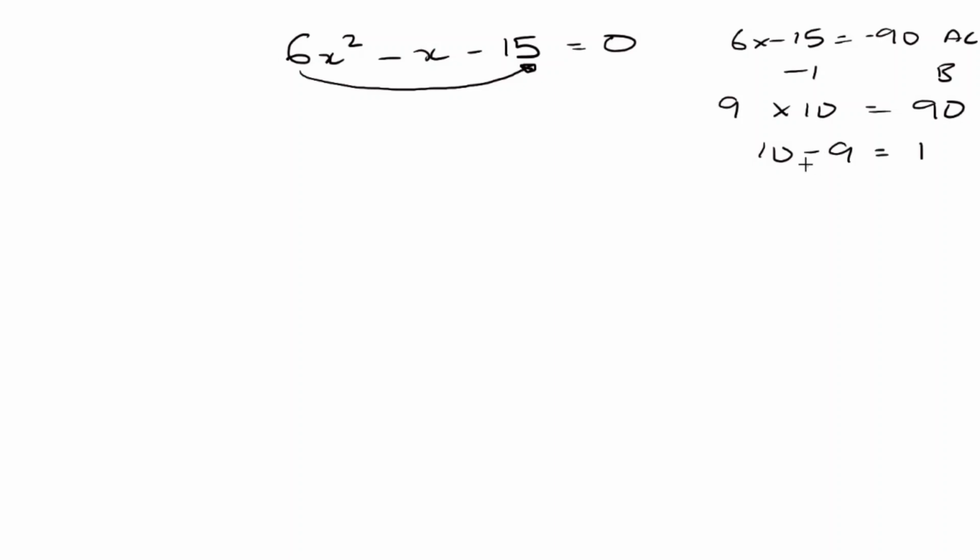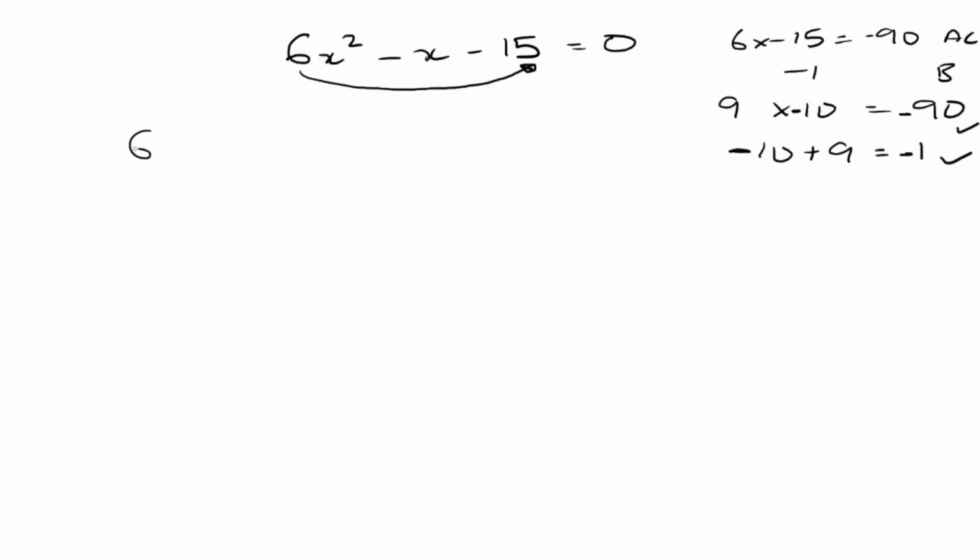So we just have to get the signs right. Negative 10 times 9 gives us negative 90, and negative 10 plus 9 gives us negative 1. So our numbers are negative 10 and 9.